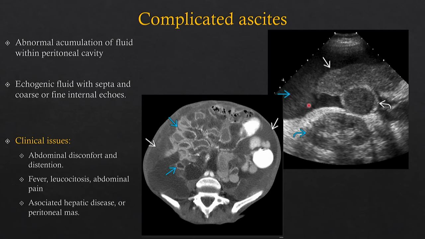Here in the ultrasound, this liquid surrounding the liver is not fully anechoic, and we indeed see a very small liver with heterogeneous echogenicity, and the gallbladder has a reactive thickening of its wall.